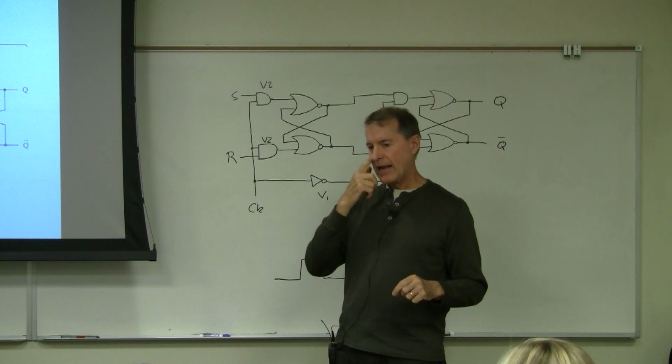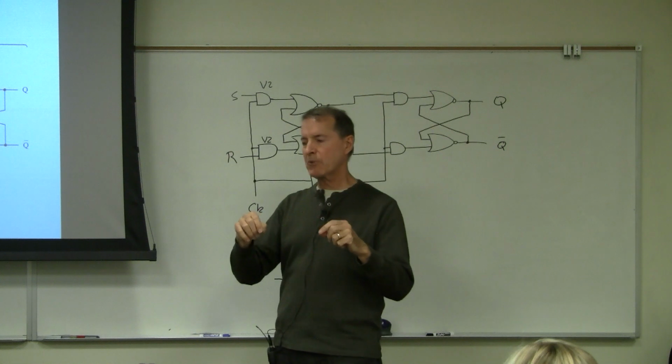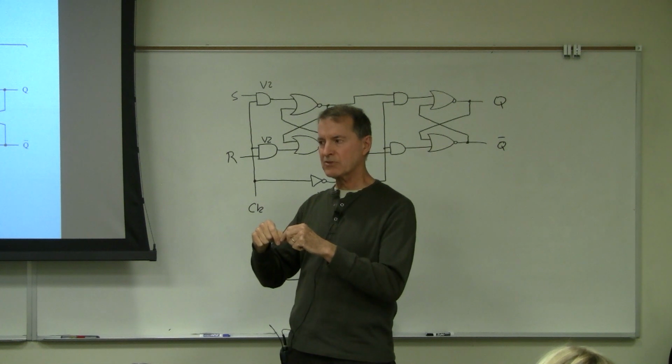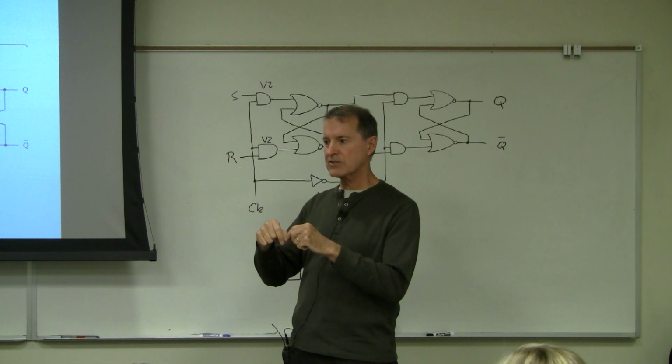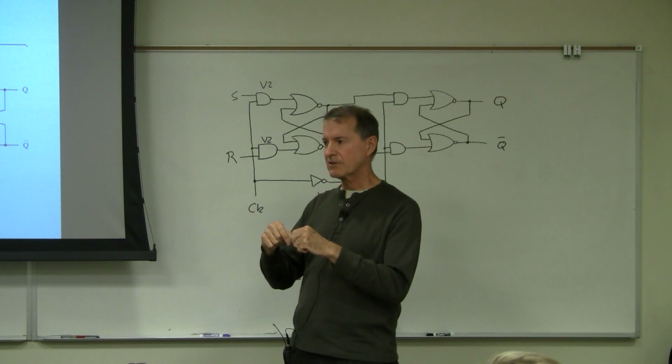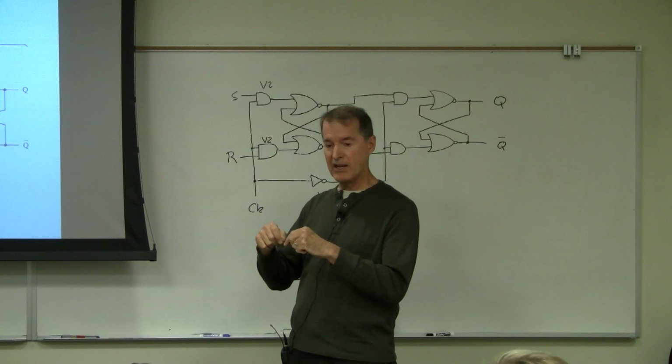Typically we put the input on a switch. What did we say the voltage was? Plus 5 volts. So if the switch is off, that input is at 0, and if we put the switch on, that input is at 5.